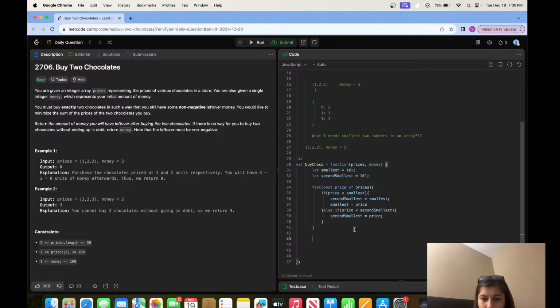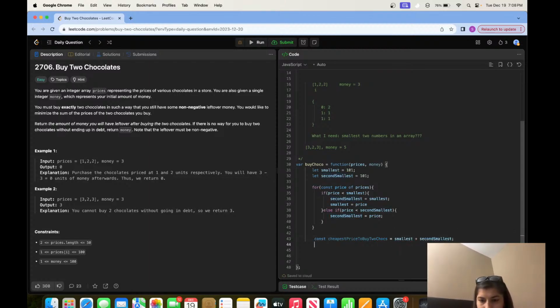Now smallest plus second smallest will give me the cheapest price to buy two chocolates.